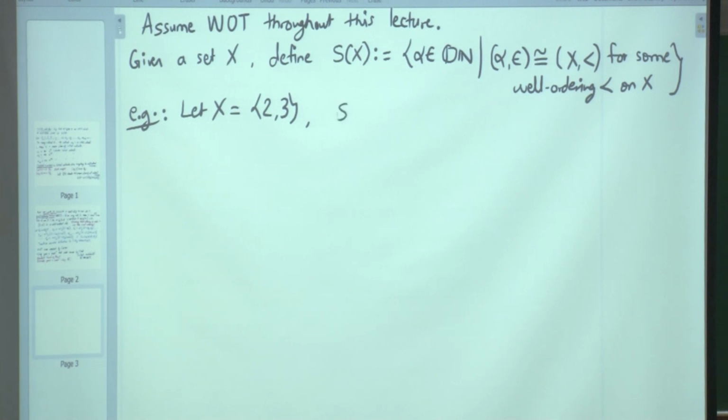What is S of X? Does everybody agree with that?